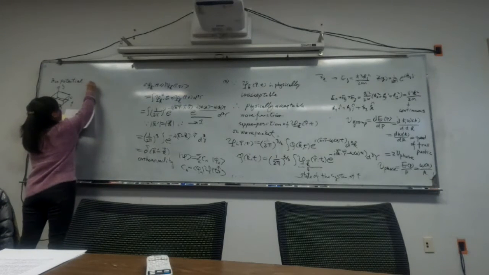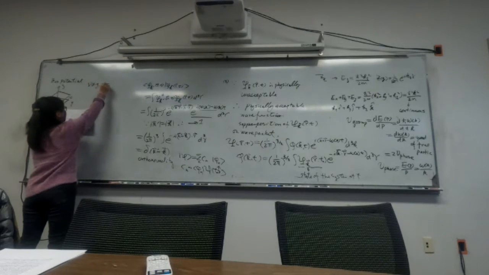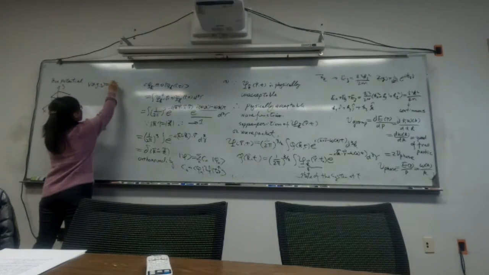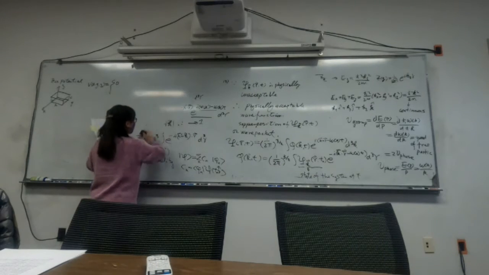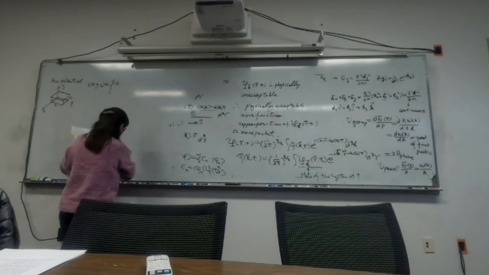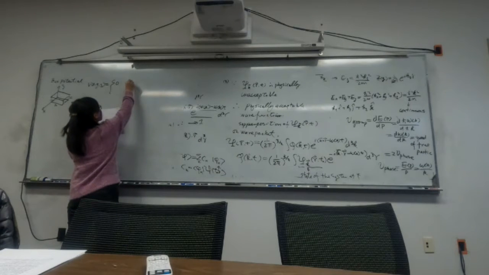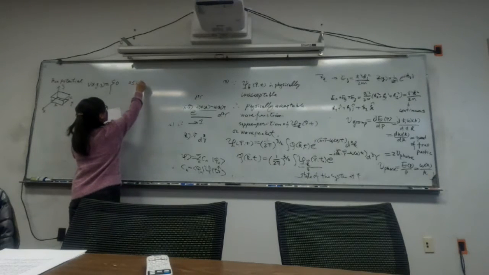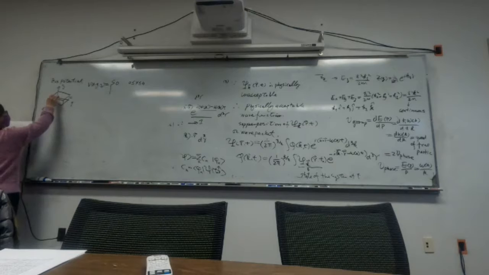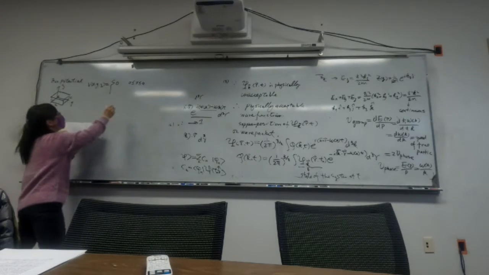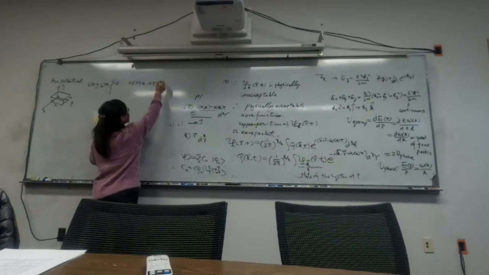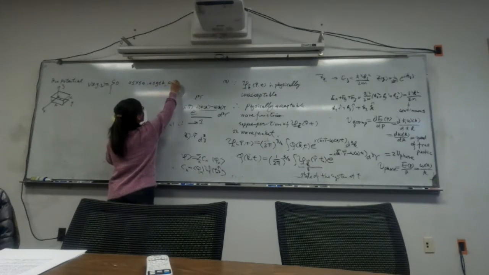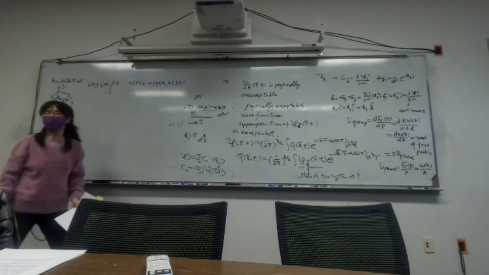So V is 0 within the box, right? Within the box means x, y, z have limits: x is between 0 and a, y is between 0 and b, and z is between 0 and c.